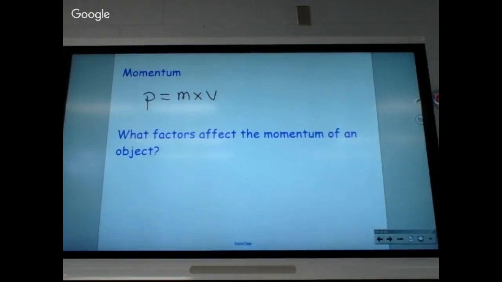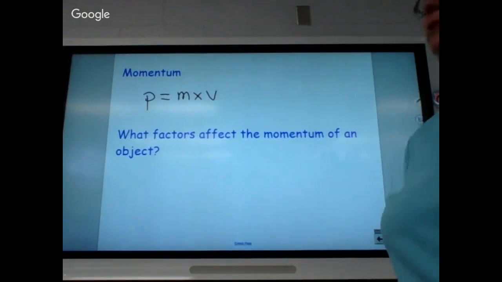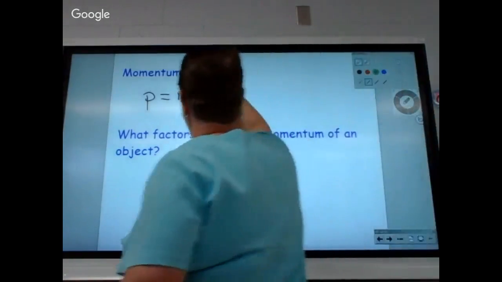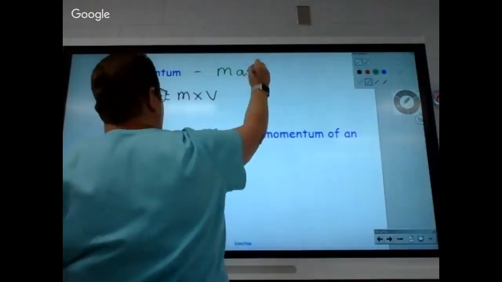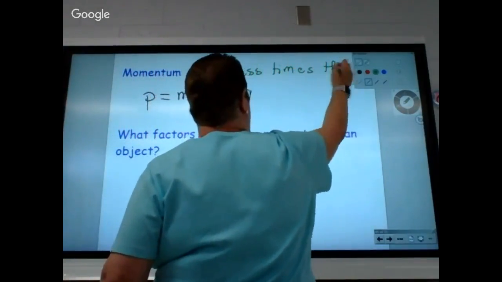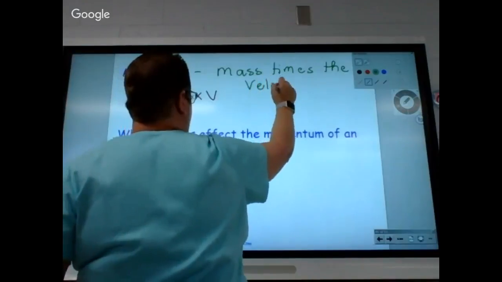So the only thing we're left with is to go to the alphabet and find something close to M or N. And so they just arbitrarily picked P, I guess. So when we talk about momentum, momentum is just simply mass times the velocity of an object.